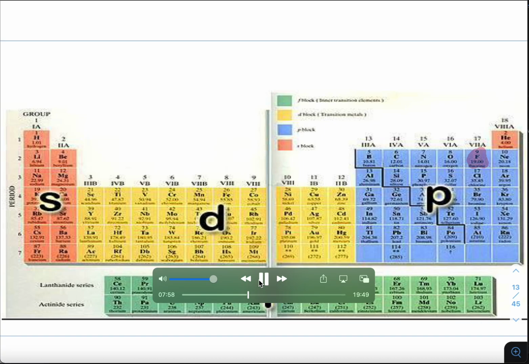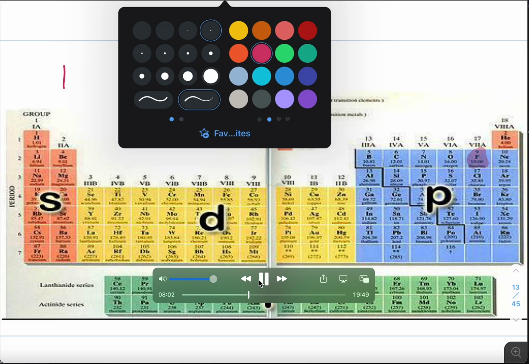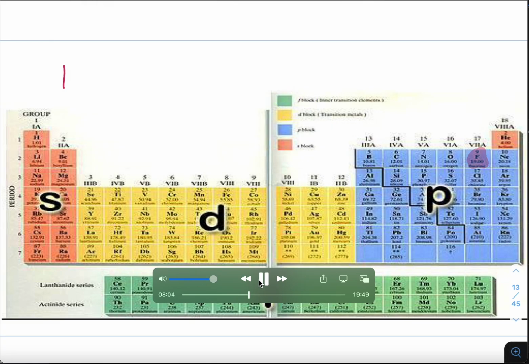So if you start at the beginning, you have 1. And the first color you hit is S. And then there are 2 boxes, 1, 2. Okay, helium is colored the red color or the orange color because it is part of the S block, even though it's over here.